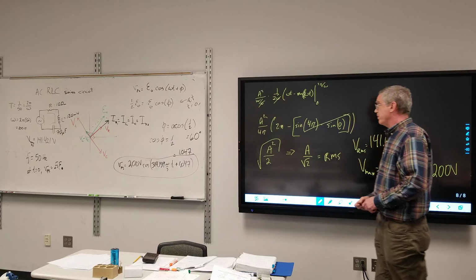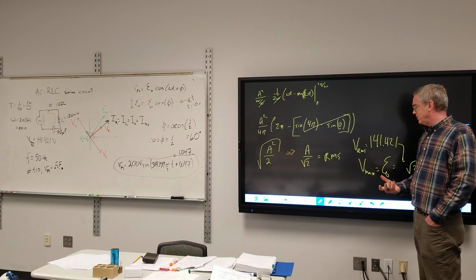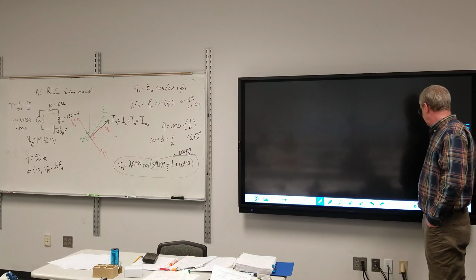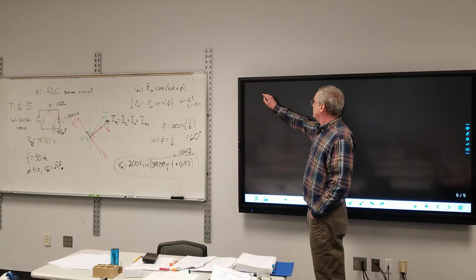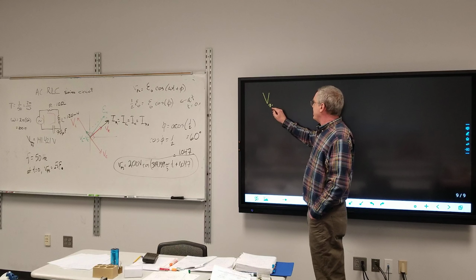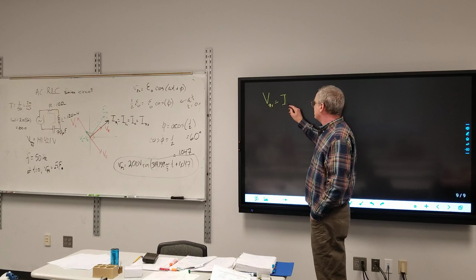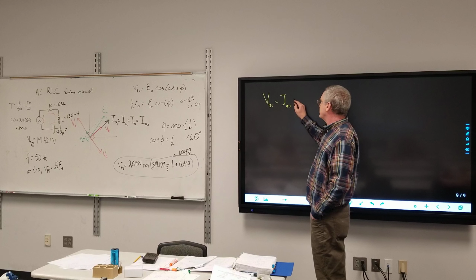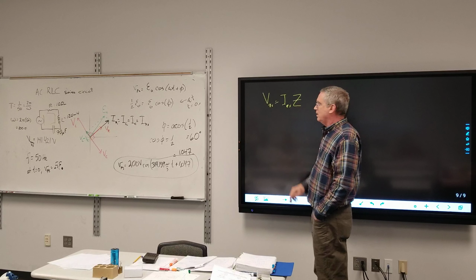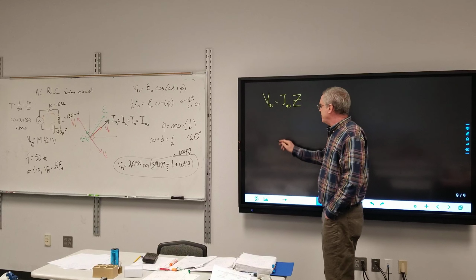We'll make short order of that because we can find the current easily enough. I know the maximum voltage of the power supply is equal to the current out of the power supply times my impedance. We have all the information we need to find the impedance.